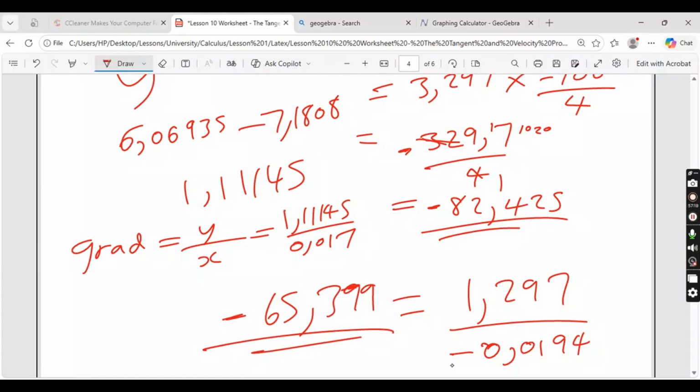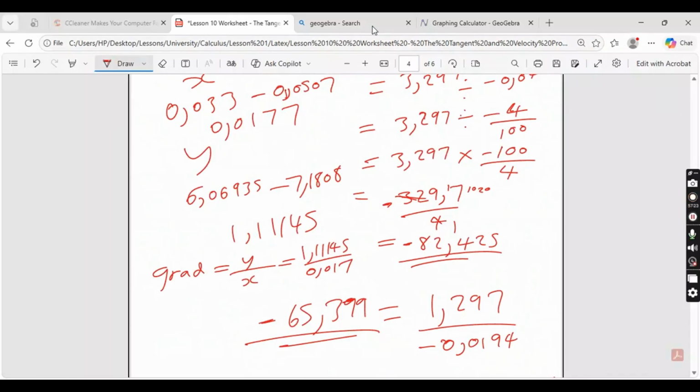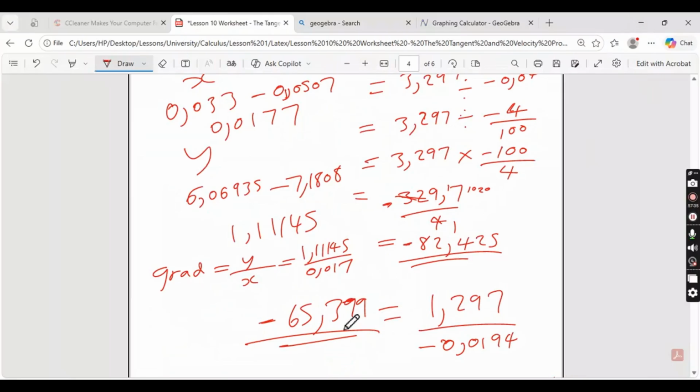And then it's negative because it's decreasing. Okay, so this is the method that they used for the second one. And then they got negative 65. We got negative 65.399, which is very, very close.